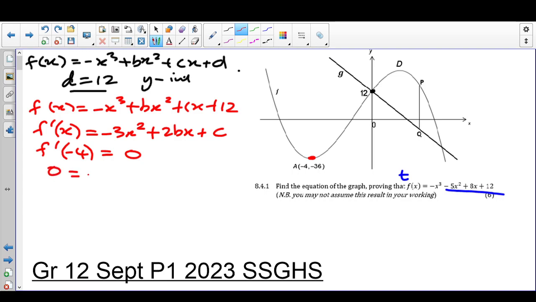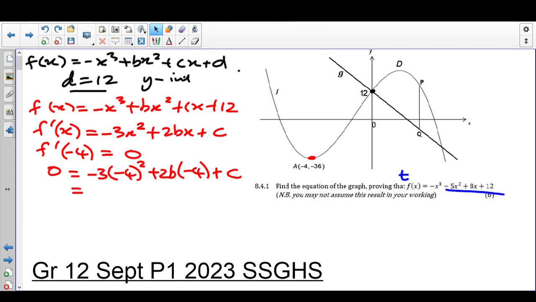So 0 is equal to negative 3 times negative 4 squared plus 2b times negative 4 plus c. You get negative 3 times 16, which is negative 48. So c is going to be 8b plus 48.